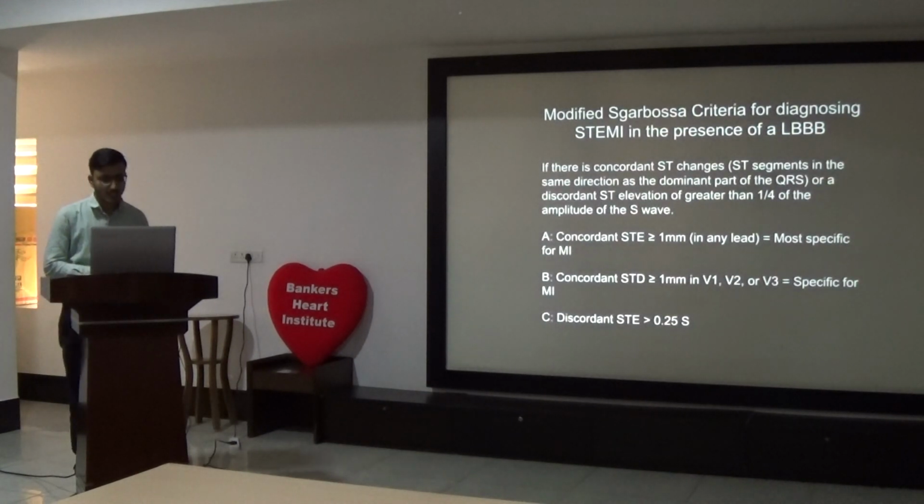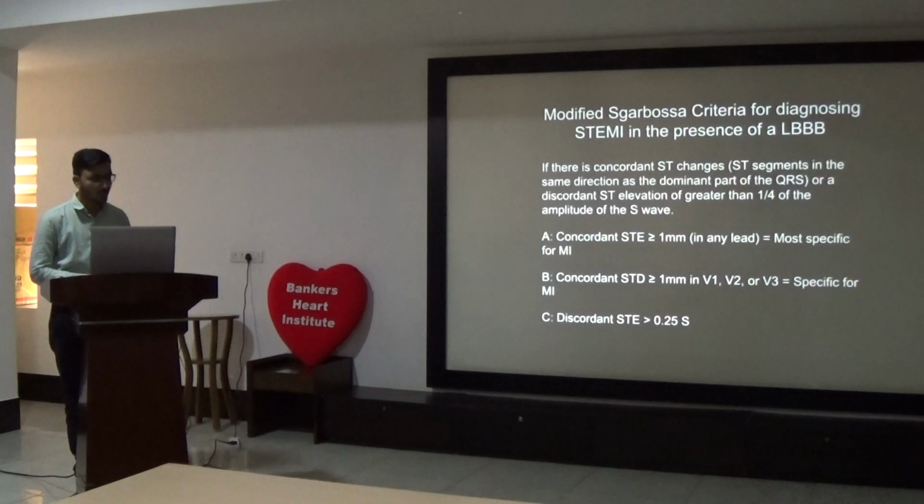So modified Sgarbossa criteria for diagnosing ST segment elevation MI in the presence of LBBB. If there is concordant ST changes, ST segment in the same direction as the dominant part of the QRS, or discordant ST elevation of greater than 1/4 of the amplitude of the S wave. So first, concordant ST segment elevation of more than or equal to 1 mm, which is more specific for MI.